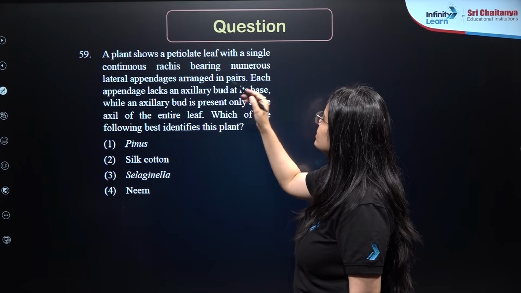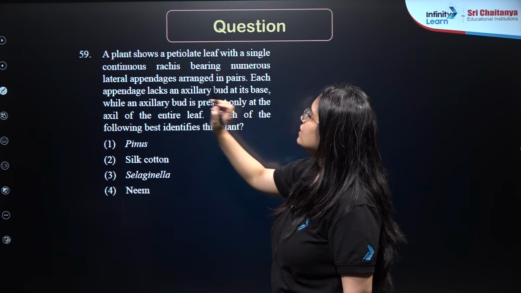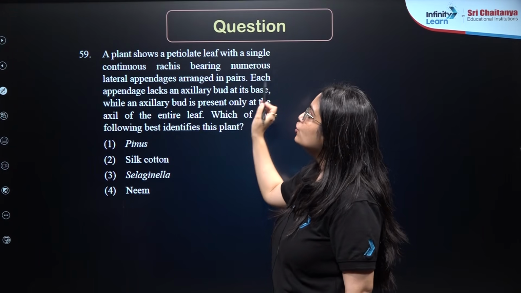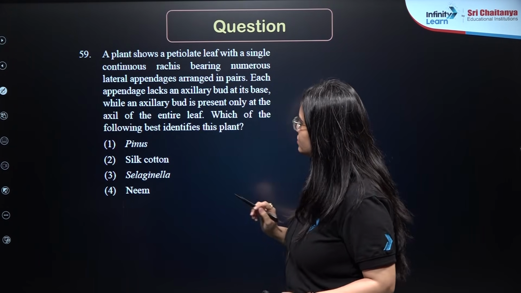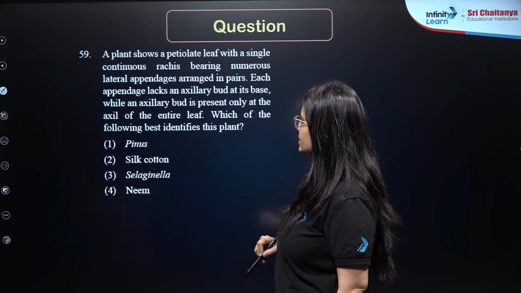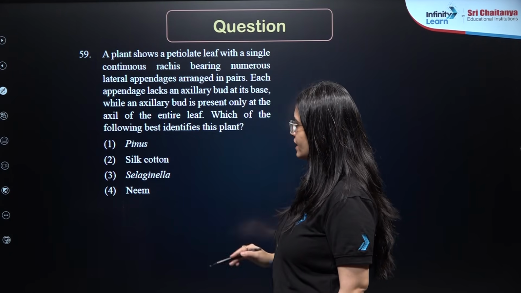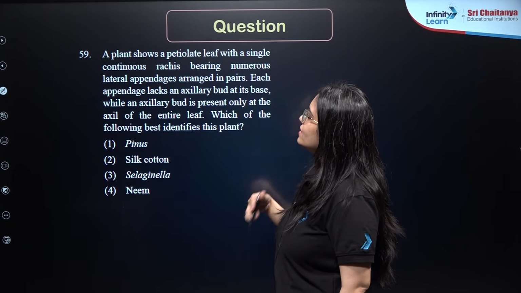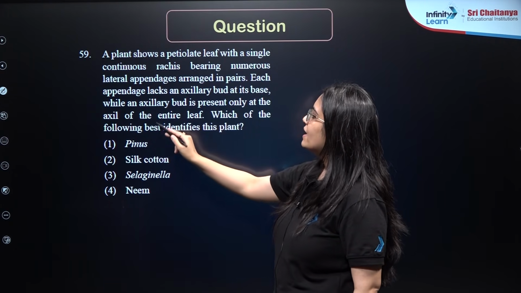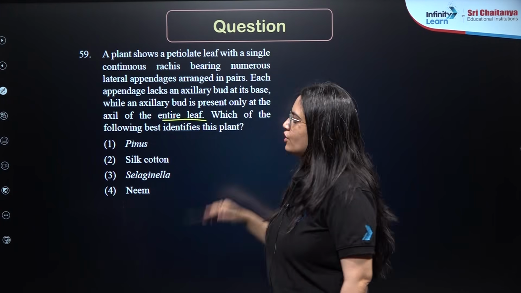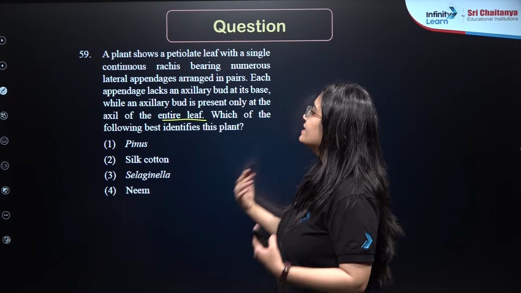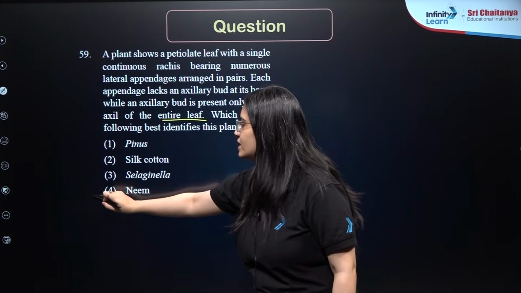A plant shows a petiolated leaf with a single continuous rachis bearing numerous lateral appendages arranged in pairs. Each appendage lacks an axillary bud at its base, while an axillary bud is present only at the axil of the entire leaf. Which of the following best identifies this plant? It has to be neem.